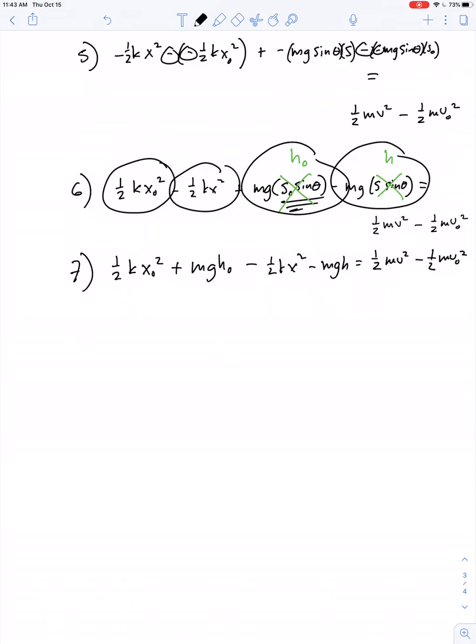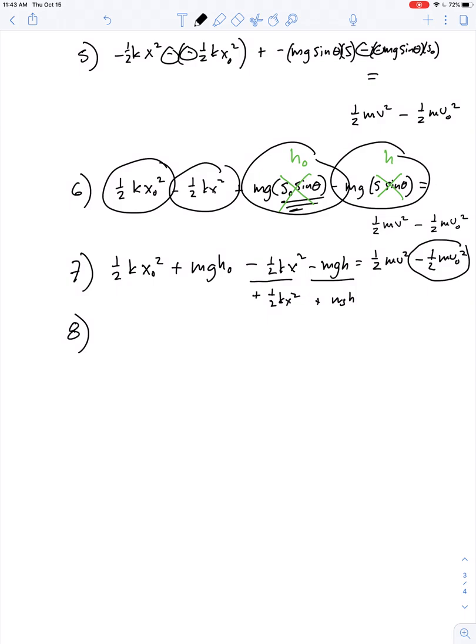I know you're hanging in there. This is a long derivation, but we're almost there. So let's just get these quantities with a negative sign and bring them to the other side of the equation, right? In other words, we're going to add 1/2 kx squared and mgh to both sides of the equation. In the same way, we'll add a 1/2 mv naught squared.